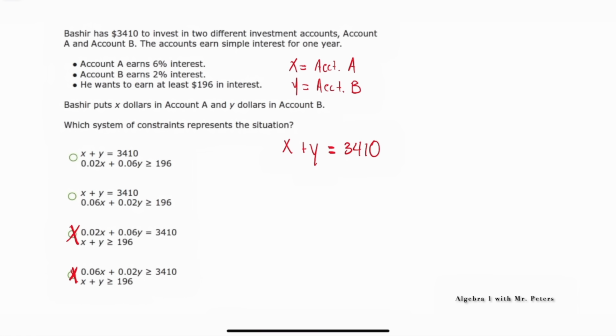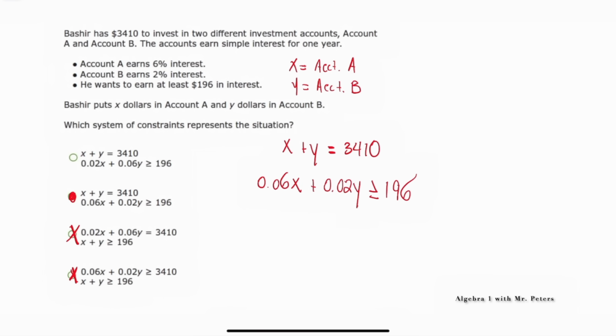So what does that mean? Well, think about it. Account A, we take that percent and convert it to a decimal. This is going to be 0.06x, because that's account A, plus 0.02y is at least, so greater than or equal to 196. So when we look at our answer choices, it has to be answer choice B.